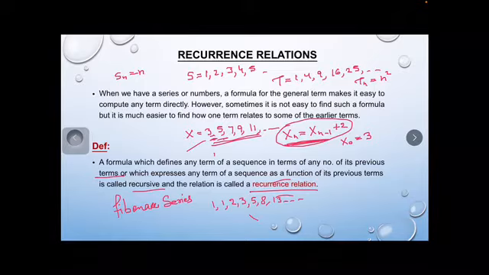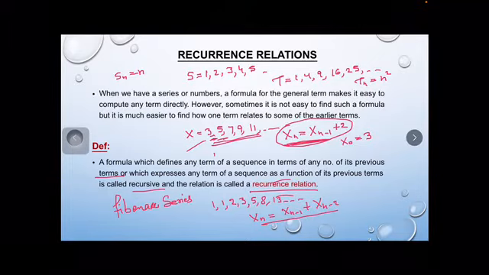So we get the next term of the Fibonacci series as the addition of the previous two terms. We can say our nth term xn is xn minus 1 plus xn minus 2.